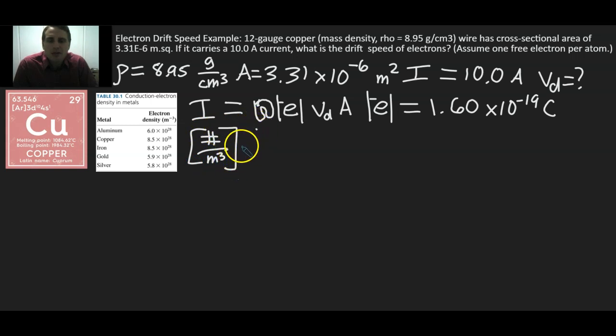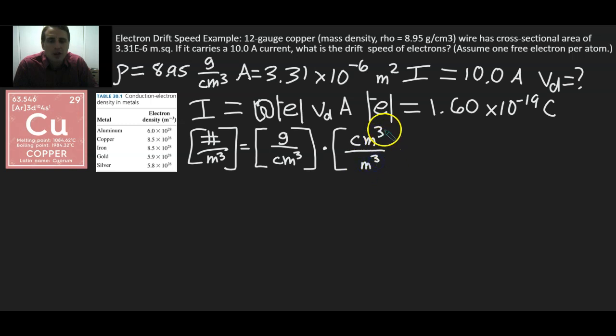But let's go actually perform a unit analysis to see how we might actually get there to number per meter cubed. Well, first of all, we have mass density in grams per centimeter cubed. Notice that that should be converted, so that we have to convert centimeters cubed in the numerator to meters cubed in the denominator. So we'll get to that. Then notice that grams is mass.